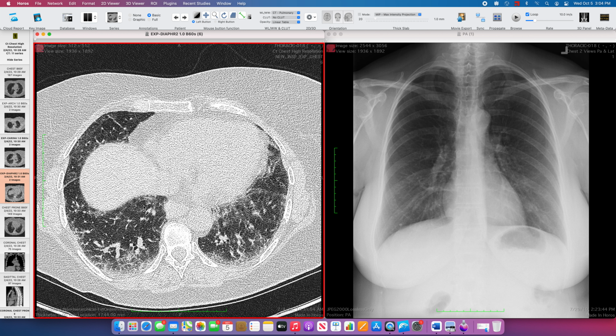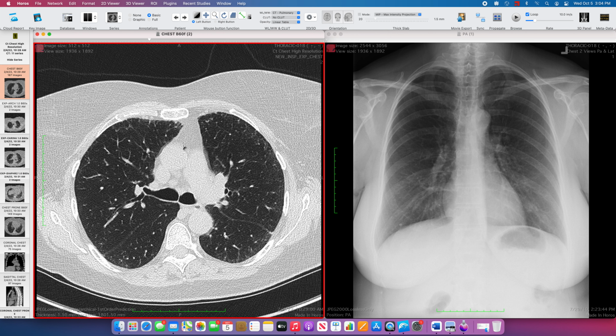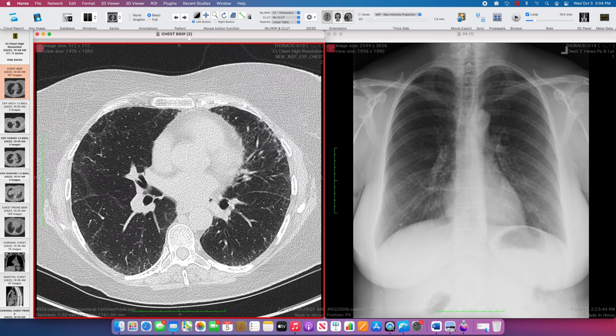So when we get these expiration images, we're looking for air trapping. And on the inspiratory imaging, we'd be looking for mosaic attenuation that would tell us that there's a small airway obstructive component.